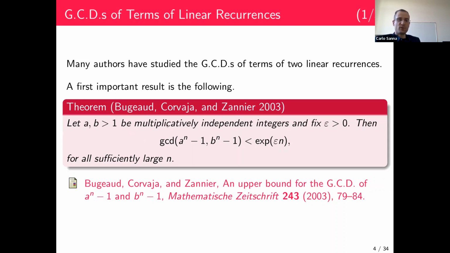And so this is the first important result on GCDs of terms of linear recurrences. This result is not effective, meaning that this "sufficiently large" cannot be given explicitly because the proof depends on Schmidt's subspace theorem, which is an ineffective result.